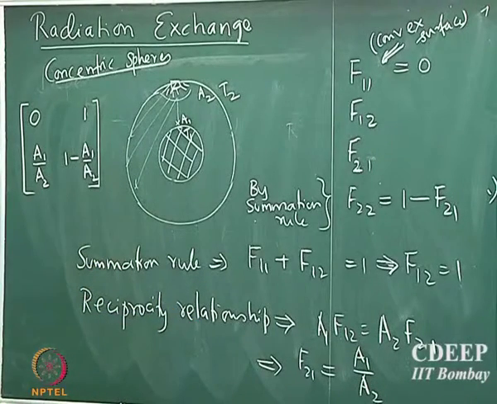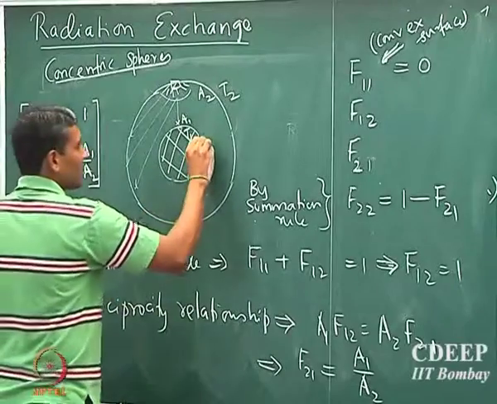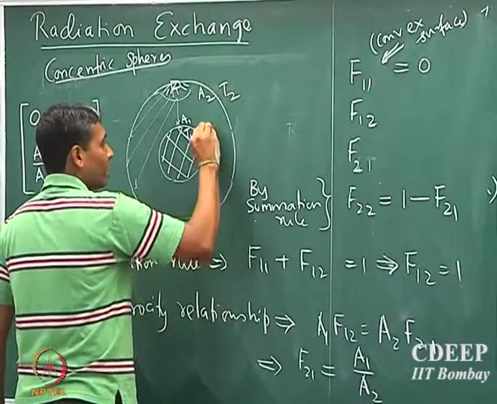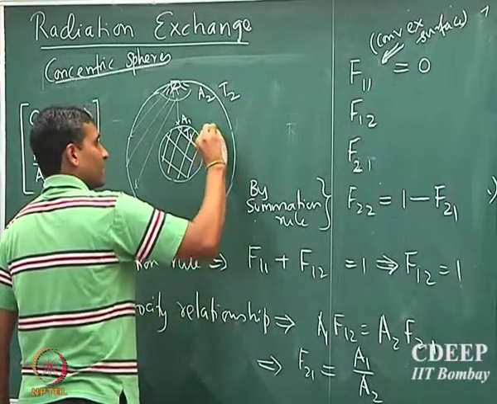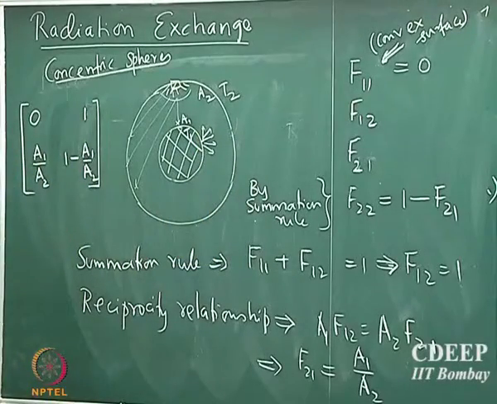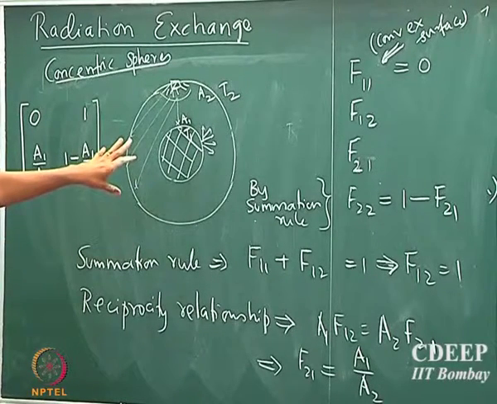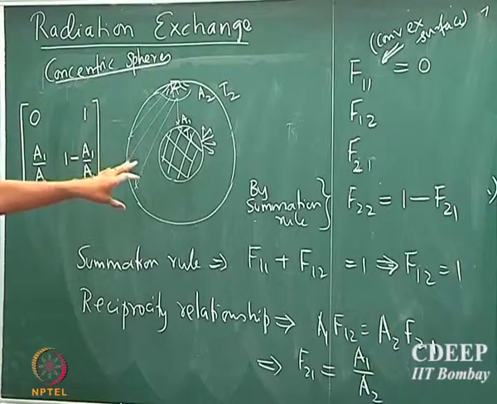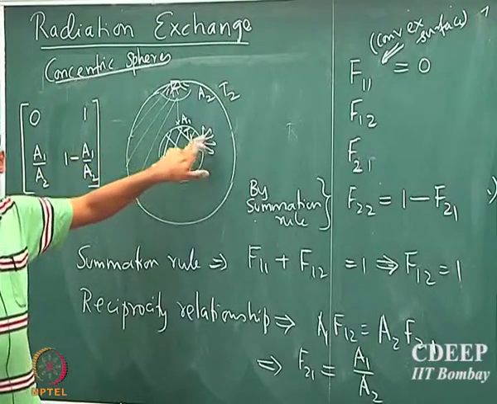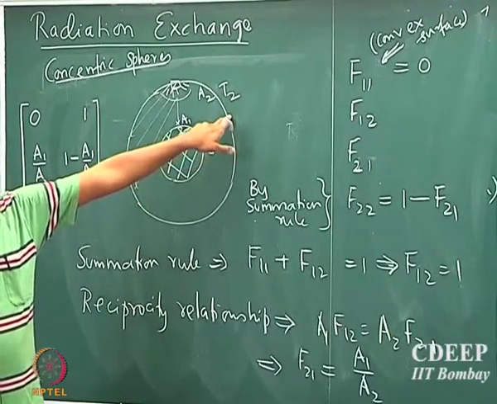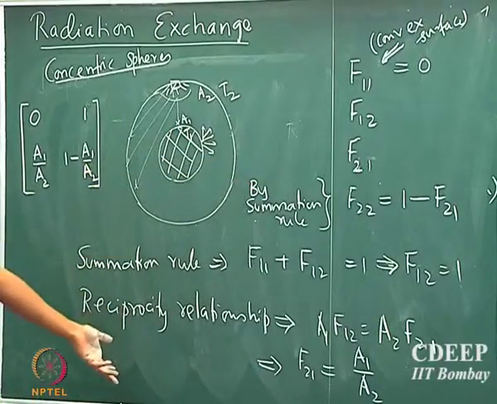It doesn't matter. F12, whatever emission goes out from here, is always going to be received by 2, irrespective of whether it is a point source or a differential element, because it's a convex surface. Due to the nature of the geometry, whatever emission comes from this surface is always going to be intercepted by surface 2.